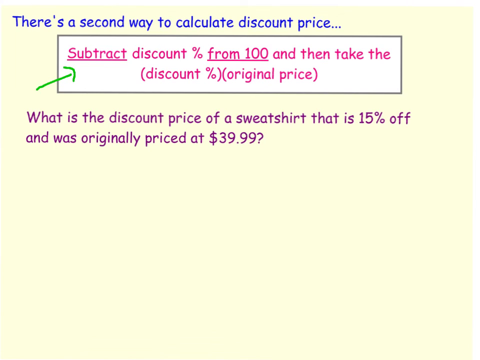What is the discount price of a sweatshirt that is 15% off and was originally priced at $39.99? Again, my first step is going to be to subtract that 15% from 100, and that will give me 85%. I'm going to change my percent to a decimal, moving the decimal 2 places to the left.